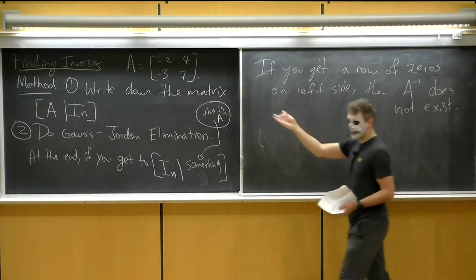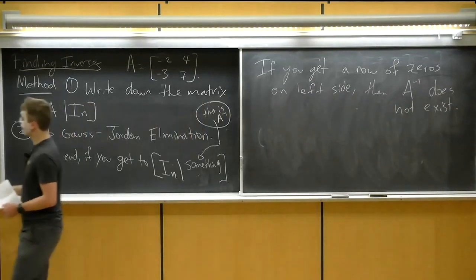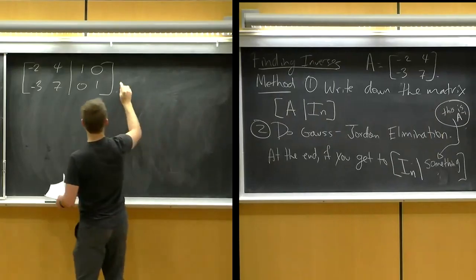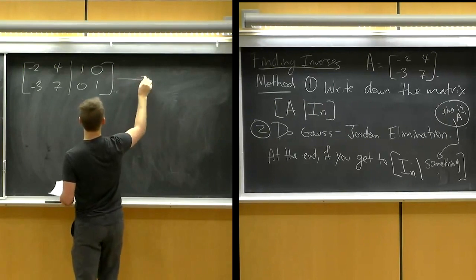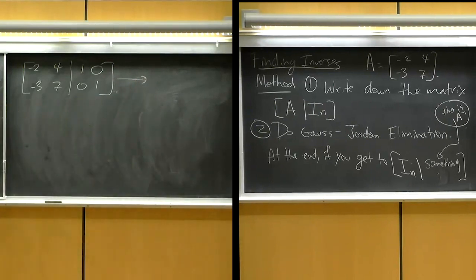Okay, let's actually do this in an example. So I'm doing my Gauss-Jordan elimination. I'm trying to get a 1 up here. There are various things I could try, but I think the most obvious thing is I just divide by -2 on the top row.